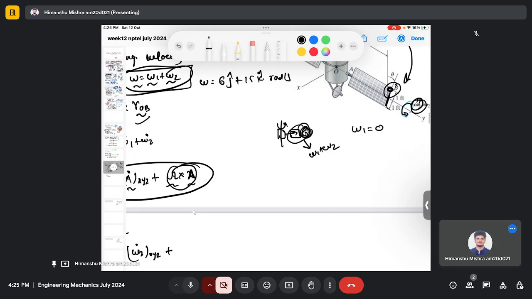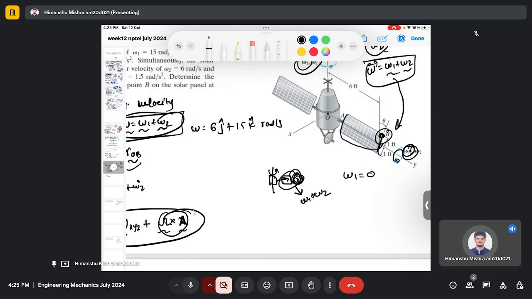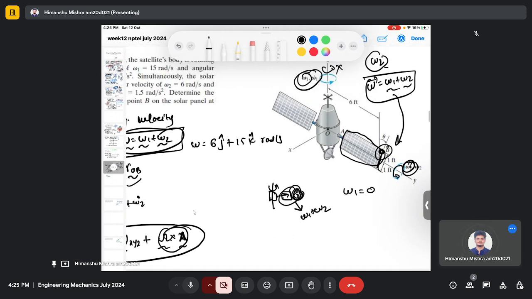So here, my satellite is having omega 2 and it is in the moving frame, this moving frame is the rotation of the satellite, right? And it is actually moving with omega 1.